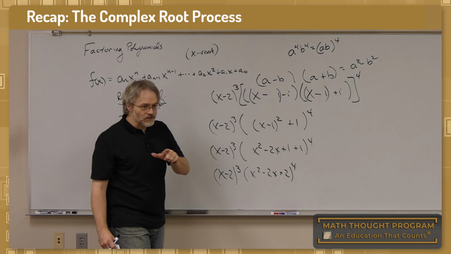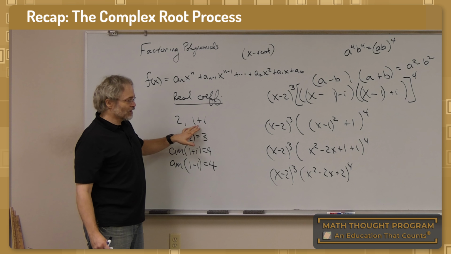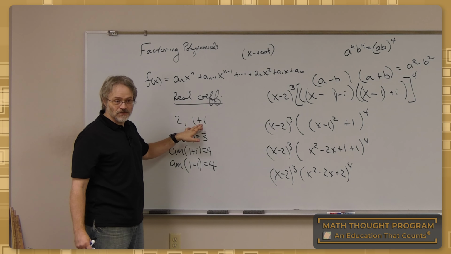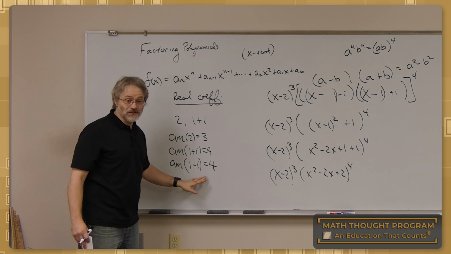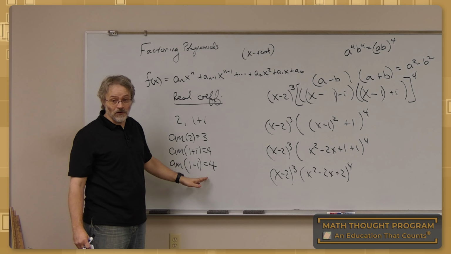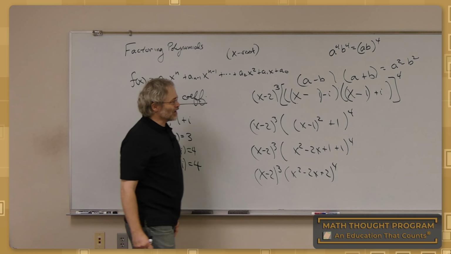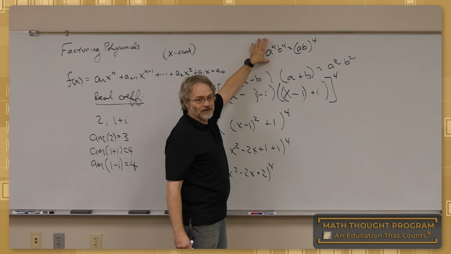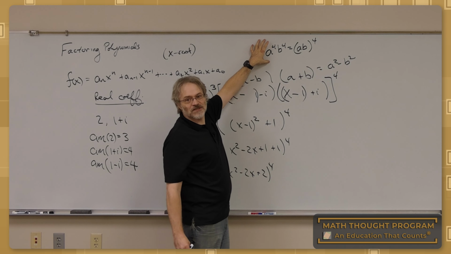Okay, so when you're looking at complex roots, you've got to remember they arrive in conjugate pairs. And if this has a multiplicity of 2 or 3 or 4, so does the other one, 2 or 3 or 4. Don't forget about that. And the trick here is to use properties of exponents like a crescent wrench.